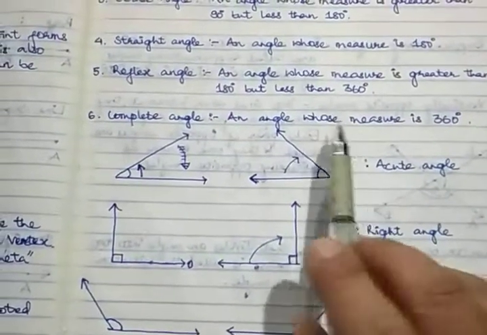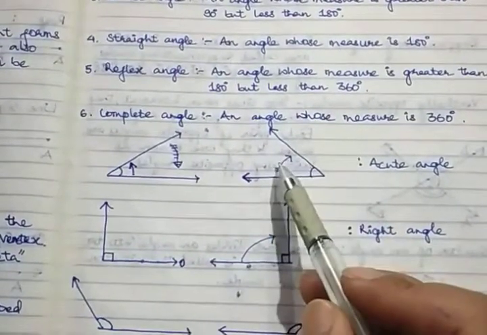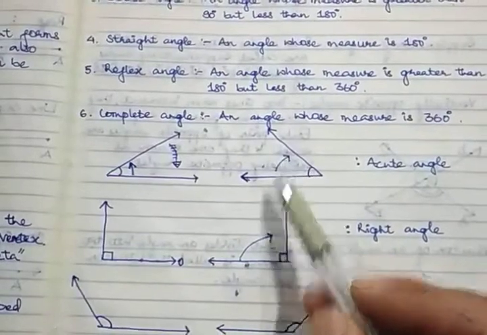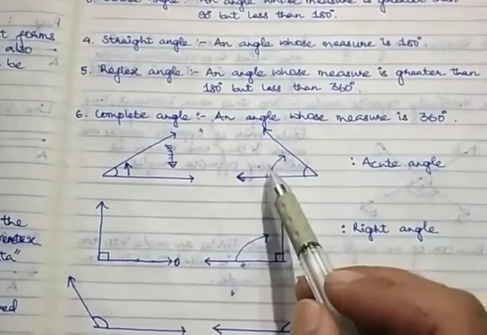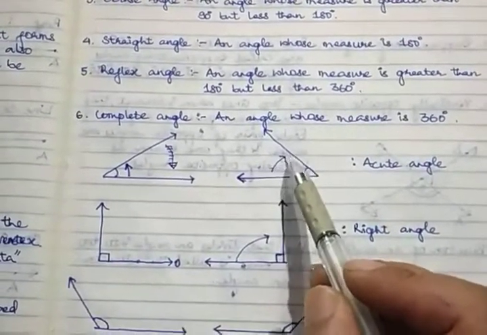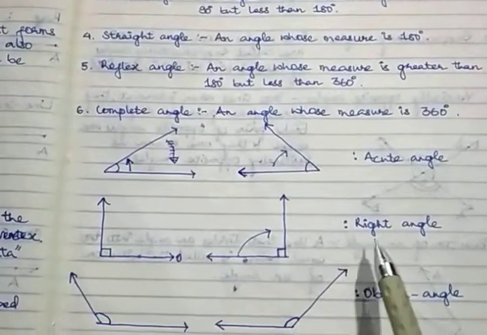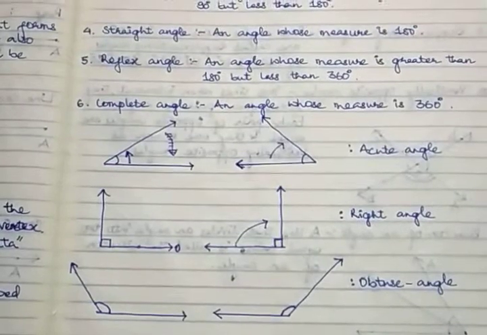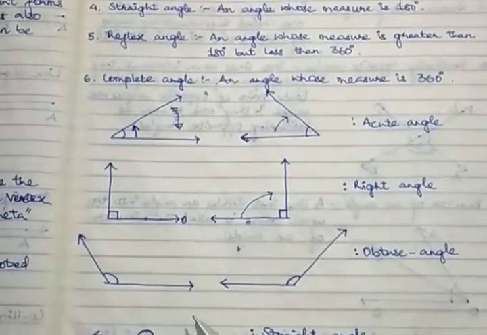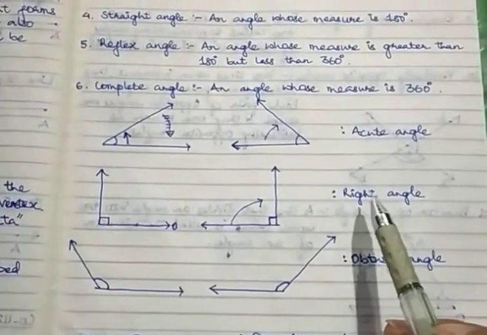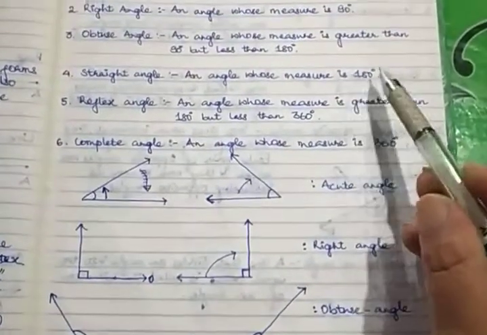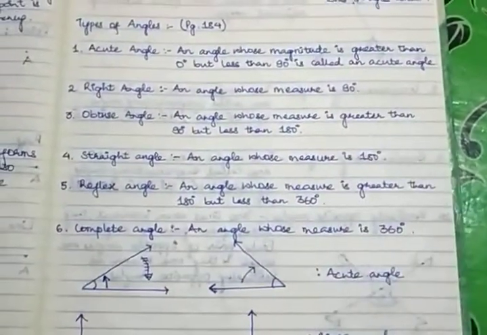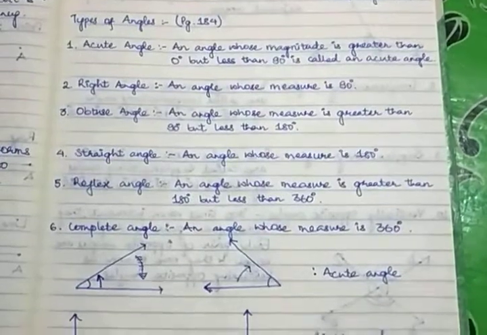Here 90 is this straight, but this one is a little bit less than 90. So it is less than 90 but greater than 0, and that is why it's acute. This one is a right angle. I hope you can figure out the difference now. That is why we have written for a right angle, the measure is exactly 90 degrees.